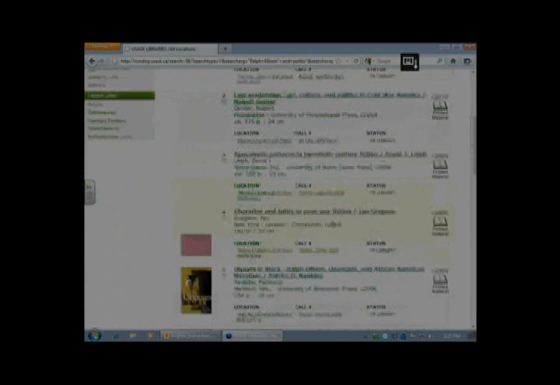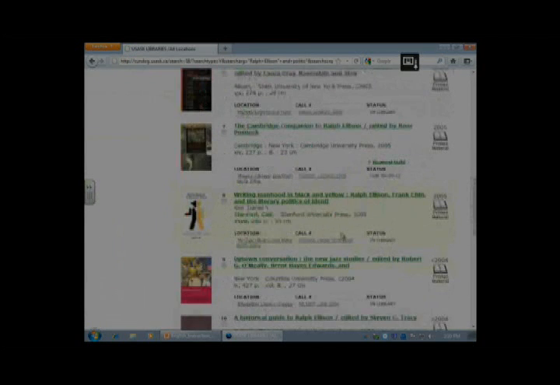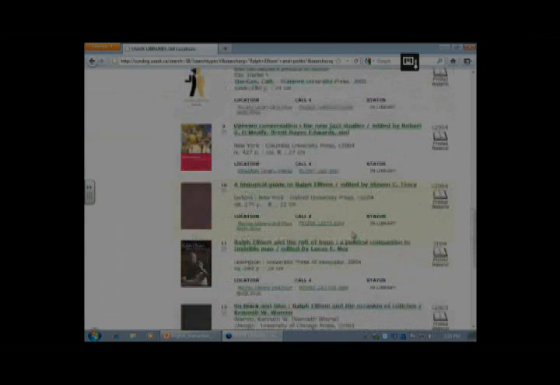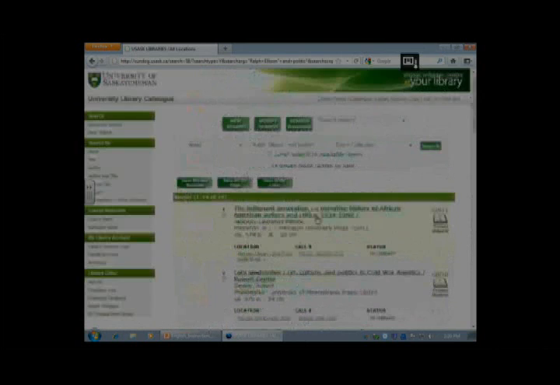Let's see if we can find something with politics again. Political here. So it is finding other suffixes after the word politic. So it's working, it gave us more hits, and it saved us from having to search.